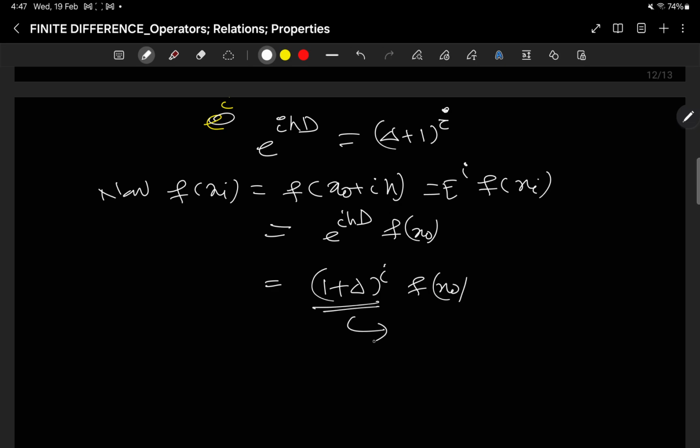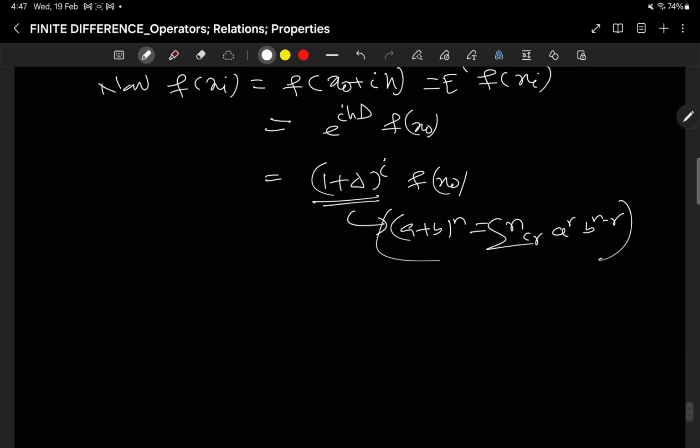Here we use the binomial theorem, (a plus b) to the power n, summation of nCr a to the power r b to the power n minus r. This is the formula for binomial expansion. So in that way I can write it as summation j equal to 0 to i of iCj delta to the power j f(x0). Okay, so this is proved.